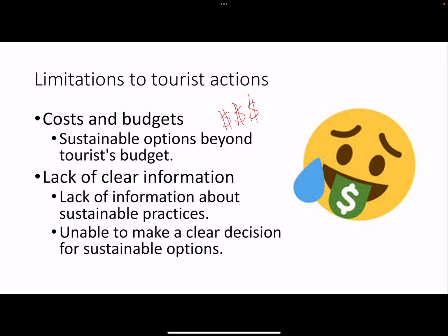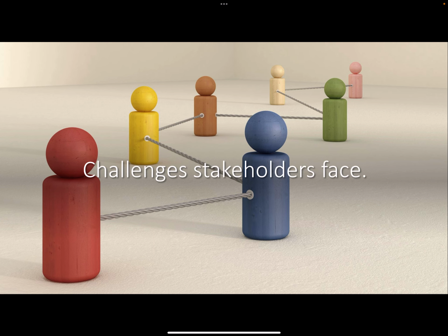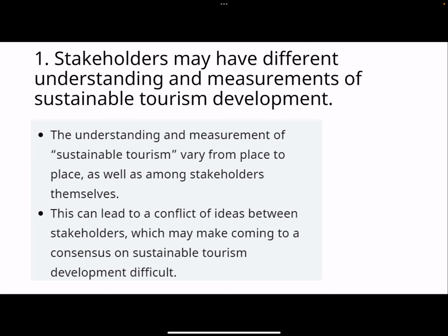So, what are your information sources? Will you be able to tell whether that particular location you're going to has enough of a sustainability slant? Will you? Right? If you don't have information, you may just not be able to make a clear choice. Okay? So these are the general challenges that stakeholders will face.